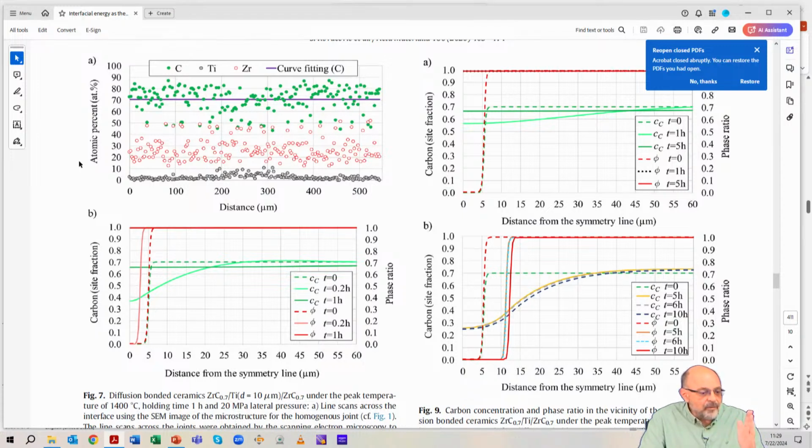This is a half of the system, so mid titanium film. We start measuring, and the dashed line is the initial position of the phase. So we start with, this is 5 microns, so this is a 10 micron film, right? To the right we have zirconium carbide.